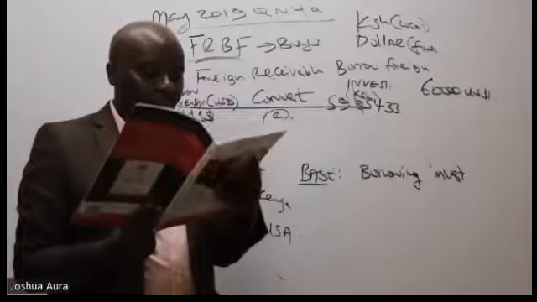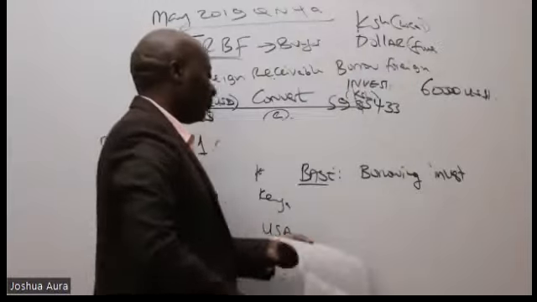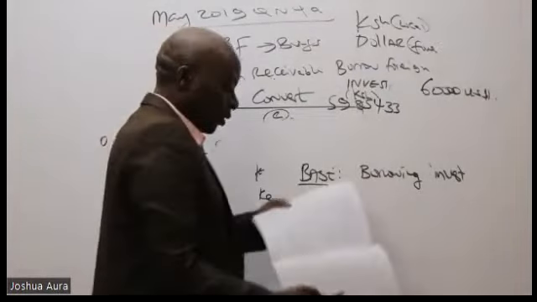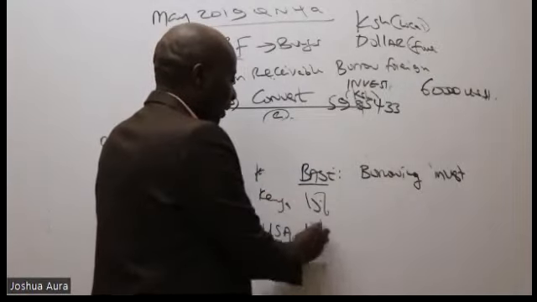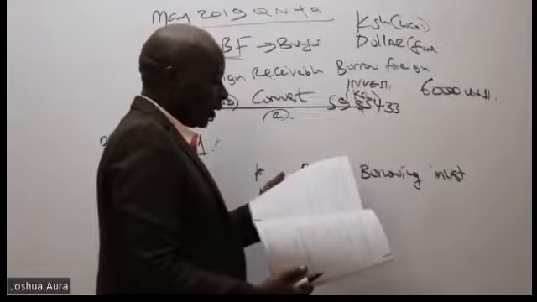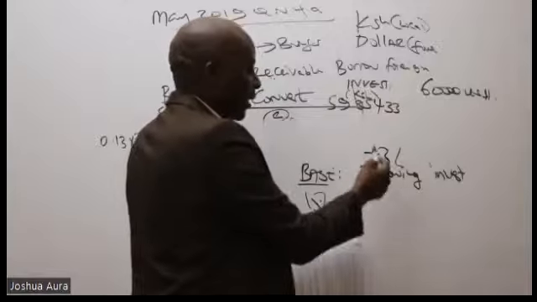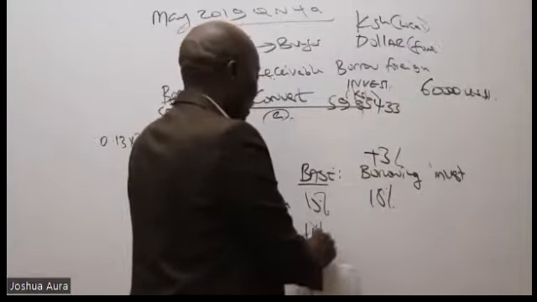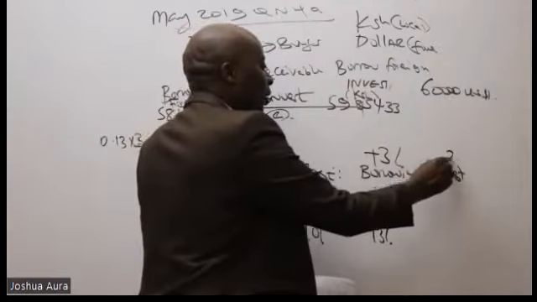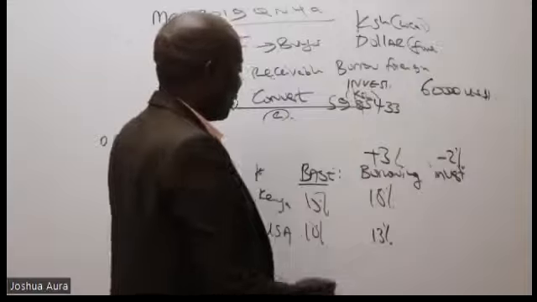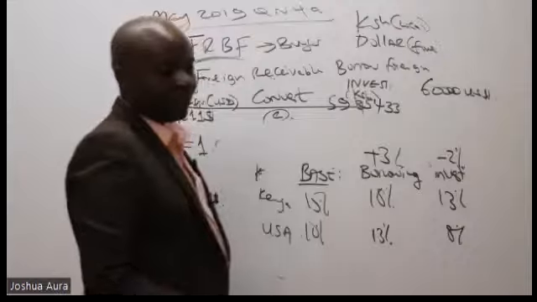The base is 15% for Kenya, and 10% for the US. And the borrowing rate in note number one is 3% above, so you're adding. This gave us 18% for Kenya and 13% for USA. And then the investing rate is 2% less, so minus 2% gives us 13% and 8%.